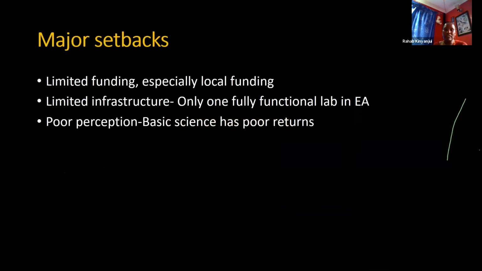The challenges in East Africa, in Kenya, include limited funding. It's very difficult to get funding, especially from the government, for basic science. They are always biased toward funding innovative or applied sciences, like agriculture, where there's an immediate return to the community.